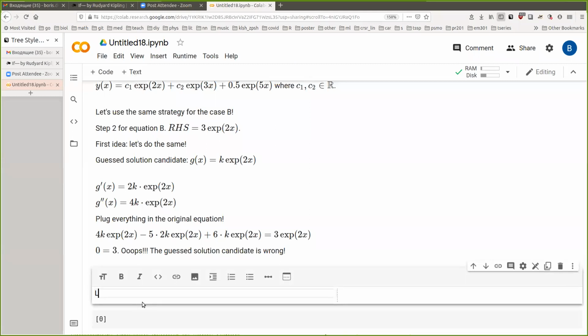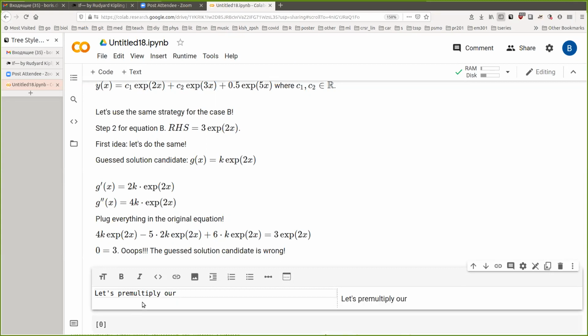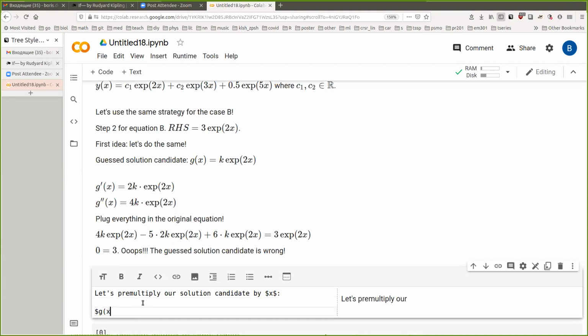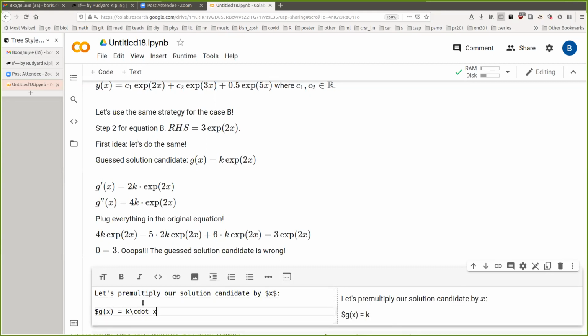So let's pre-multiply our solution candidate by x. So we'll have g of x is k times x times exponent of 2x.